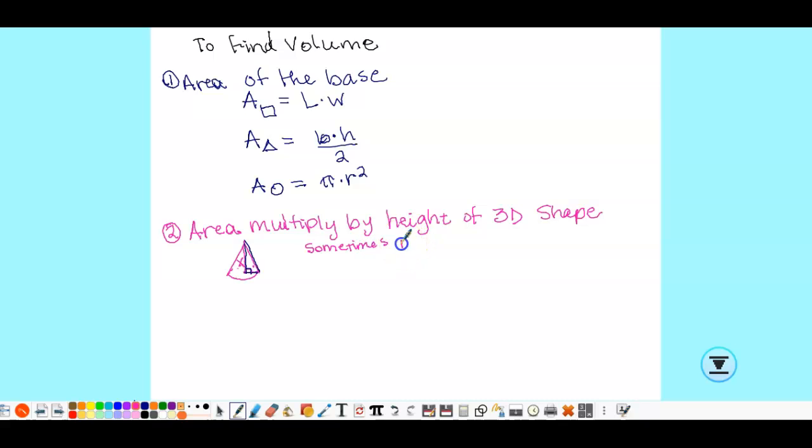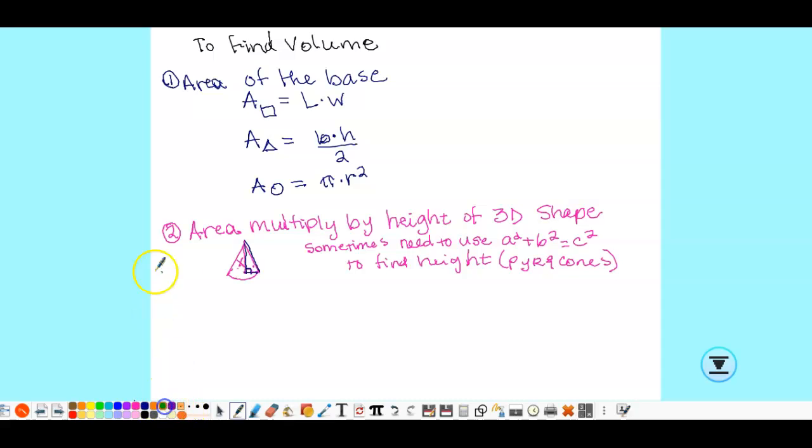We need to use a squared plus b squared equals c squared to find height. But that's only for pyramids and cones. I'll go over a problem like that here in a sec.